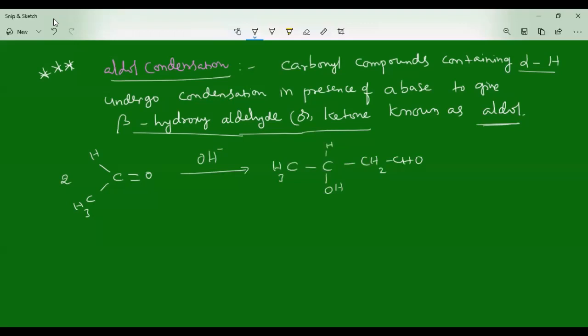Suppose in the exam a condition is given that the reaction is acid catalyzed aldol condensation. Then what might be the product?